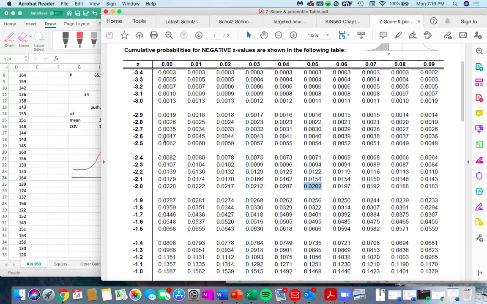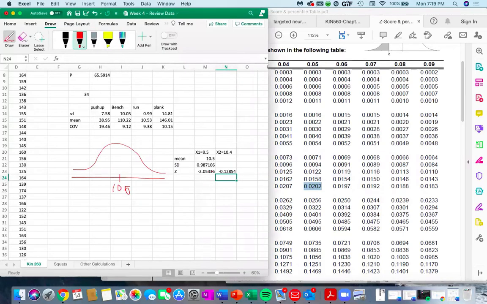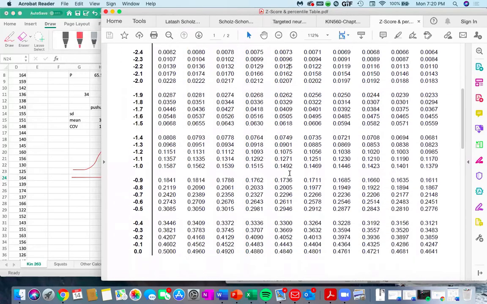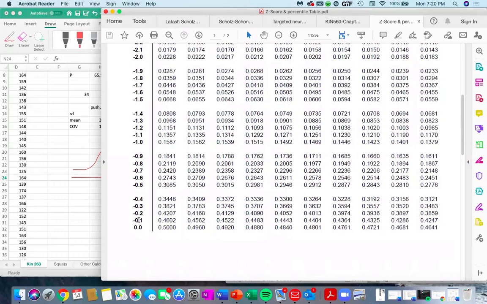Okay, and then our z-score at 10.4 ended up being negative 0.12. Actually, we could round this to negative 0.13. Finding that on here, negative 0.1, and this is 0, 1, 2, 3.